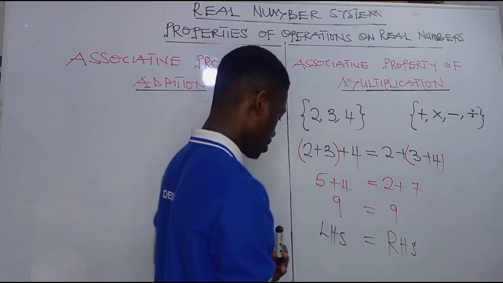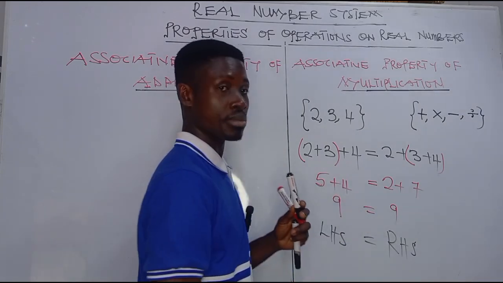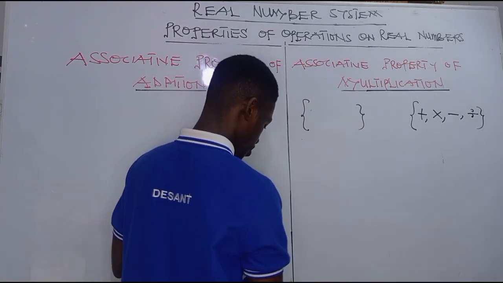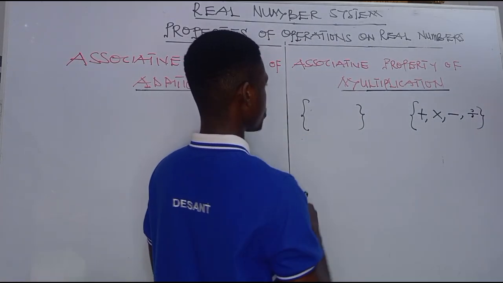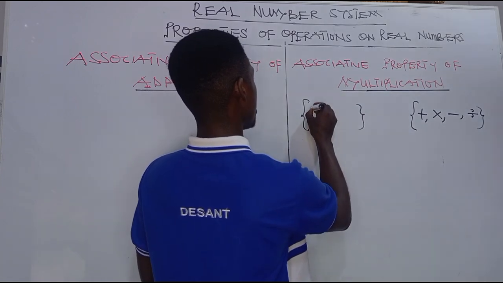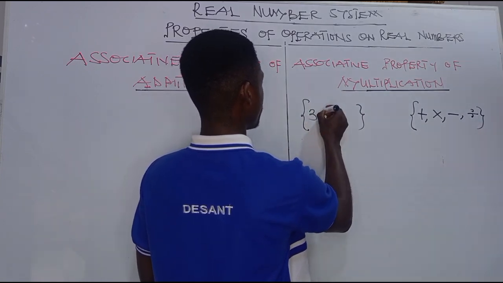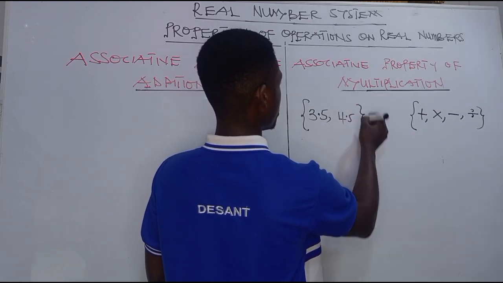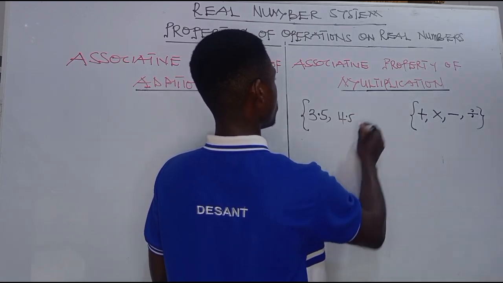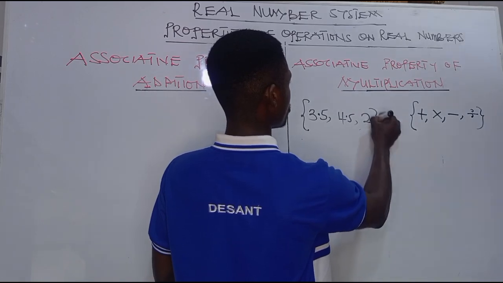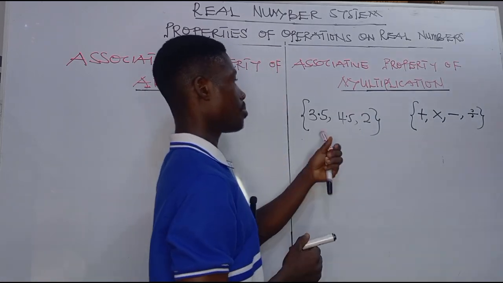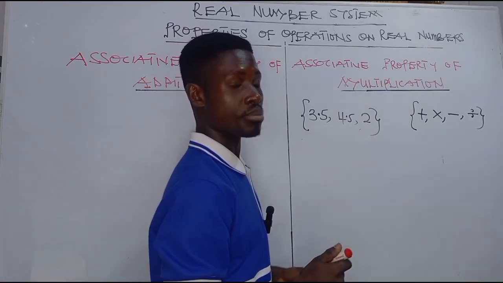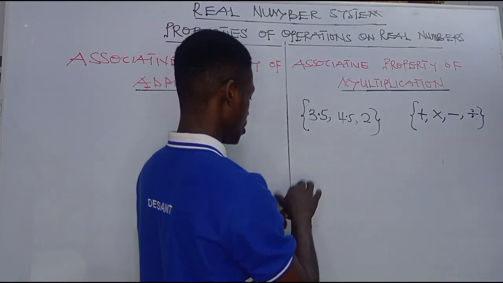Let's take another three numbers from the set of real numbers, right? So let's take it that we have 3.5 and then we have 4.5 and then let's take it that we have 2, because 3.5, 4.5 and 2 are all real numbers, so we are picking that.